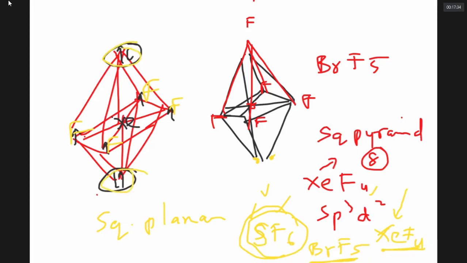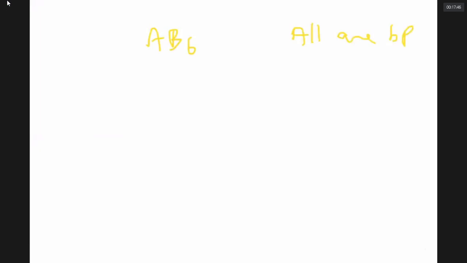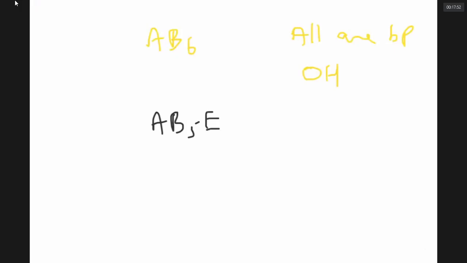Are we clear on this, sir? Yes, sir. See, total 6 electron pairs. In AB6, all are bond pairs. Shape is octahedral. In AB5E1, 5 are bond pairs, 1 is a lone pair.